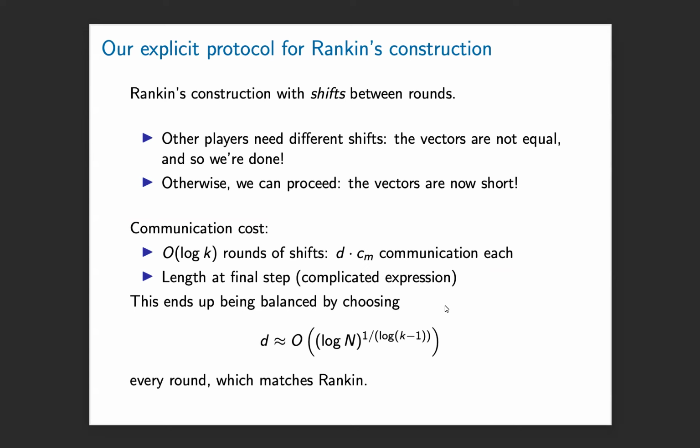But it turns out that the fact that we're shrinking the base of our vectors outspeeds the bad amounts of communication we're getting here. And if we do some very complicated arithmetic, we can show that we should choose the dimension of these vectors to be this much in each round. And this gives us a protocol whose communication complexity matches Rankin's construction.